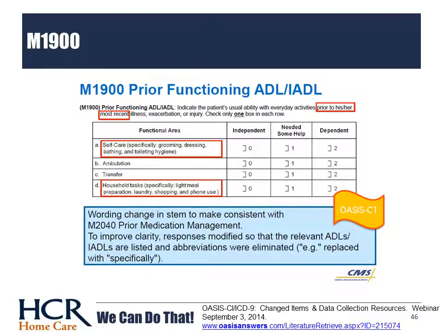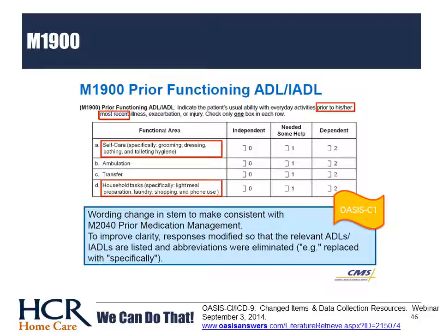M1900 had a couple changes, so mostly just to clarify. So this is asking about the patient's prior level of functioning with ADLs and IADLs. So the question will now read, indicate the patient's usual ability with everyday activities prior to his/her most recent illness, exacerbation, or injury. They're adding in that clarification of most recent to make it very clear that we are talking about the patient's most recent condition, illness, exacerbation, injury, to make sure that the response is accurate to the time frame.